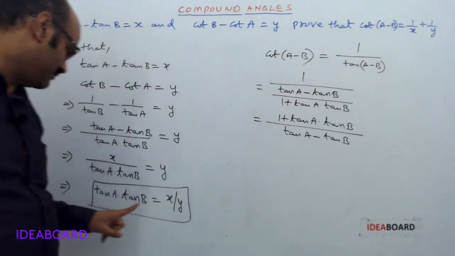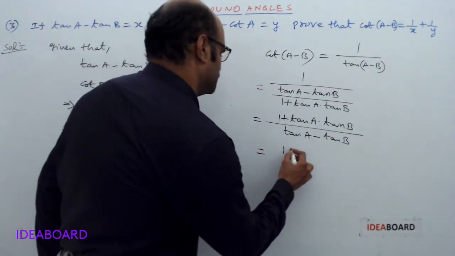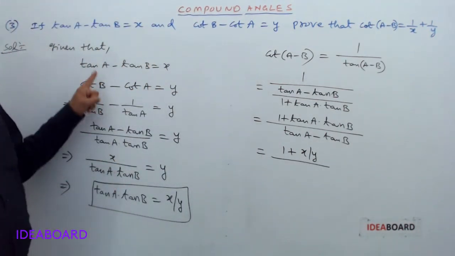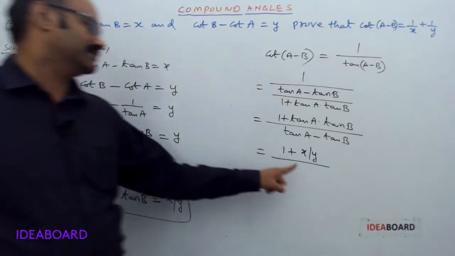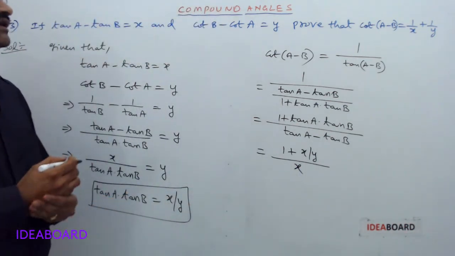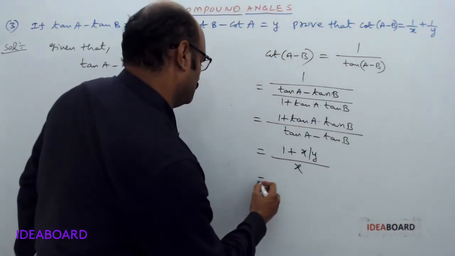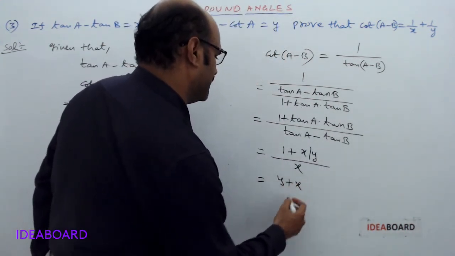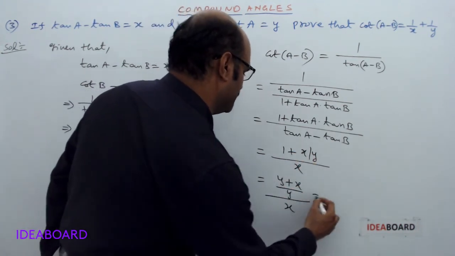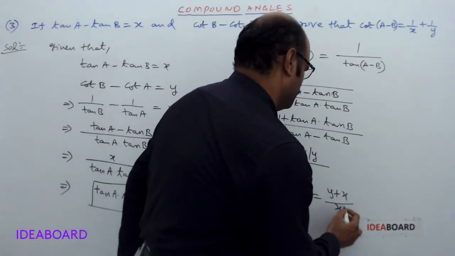Here tan a into tan b equal to x by y. So 1 plus x by y whole by tan a minus tan b, which equals x. Then it implies we have y plus x by y whole by x equal to y plus x by xy.